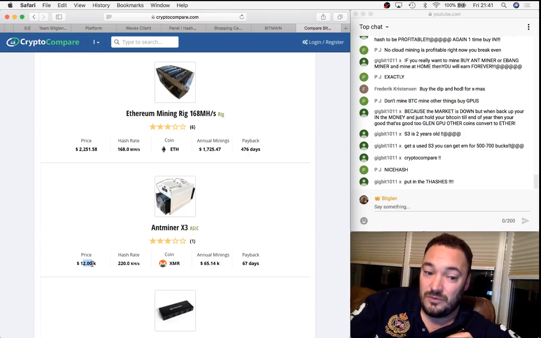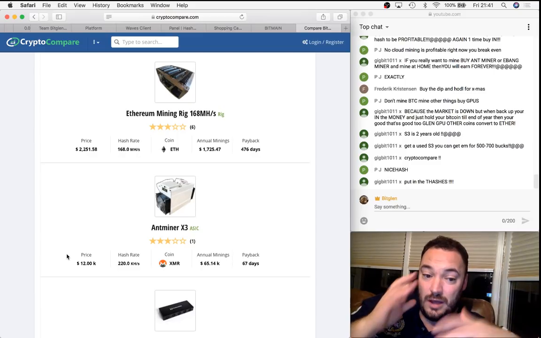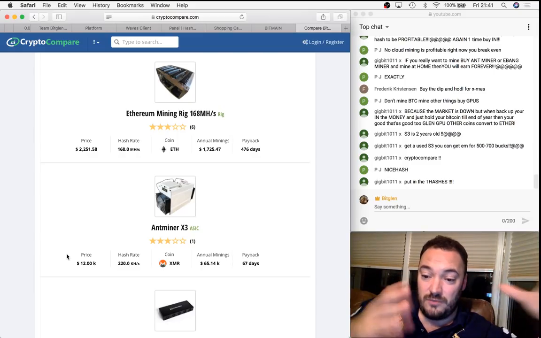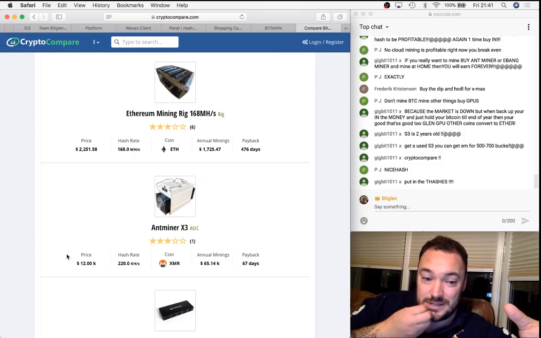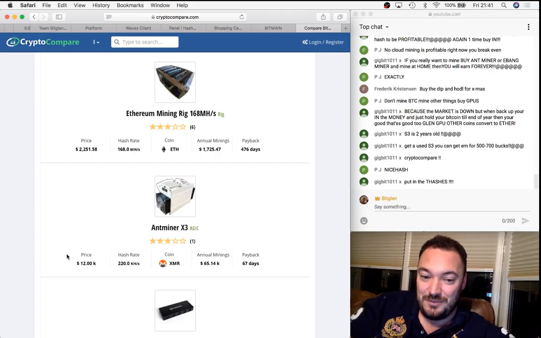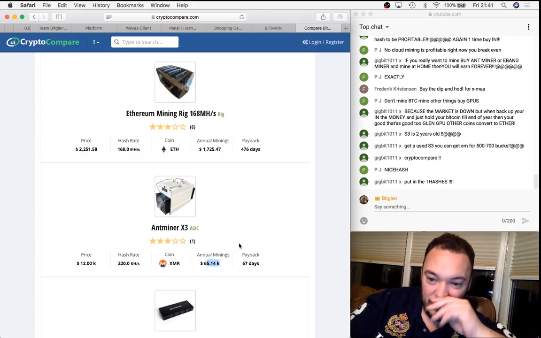The best thing to do if you were going to make that sort of investment is to wait 2 to 3 weeks, wait for the hard fork, and then see what the business is with that. If that is true, that's the machine to have at the minute. 12k today, and then 2 months later start earning over the whole year 65k.